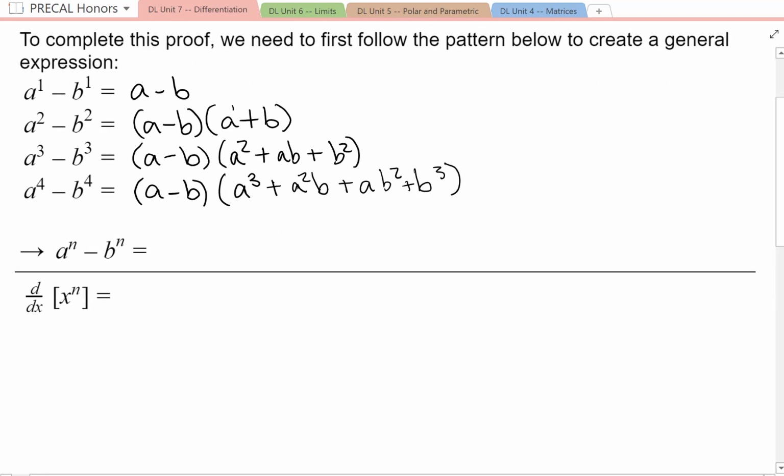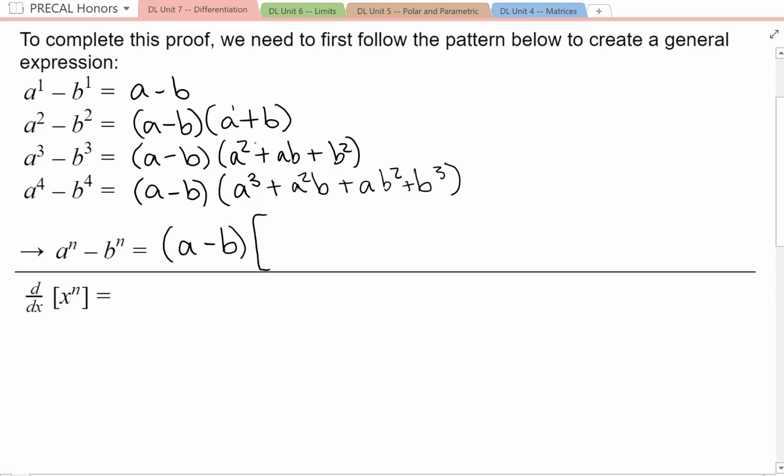So the pattern that we're building is that each time we can factor out an a minus b, and then we have to multiply by some polynomial. So we'll start off with a minus b, and that's being multiplied by a polynomial.